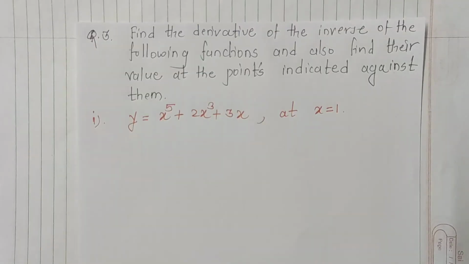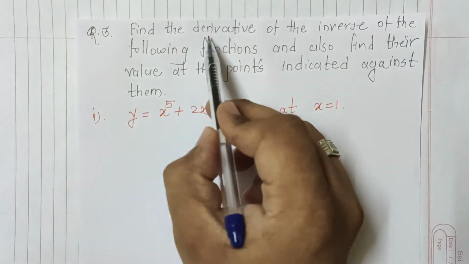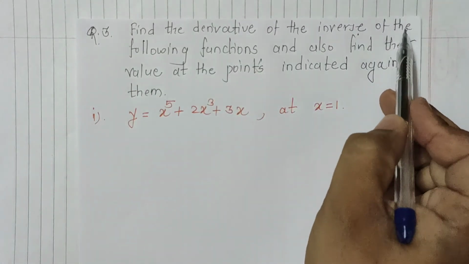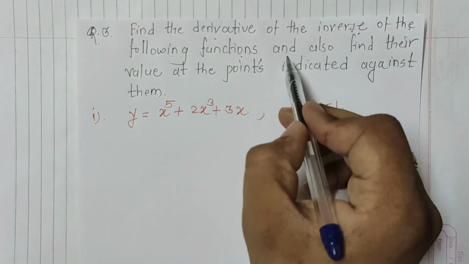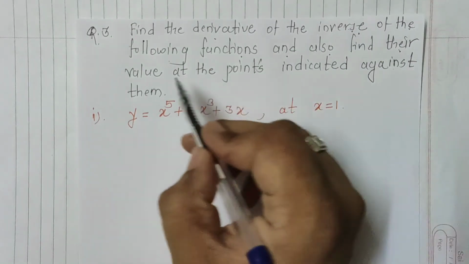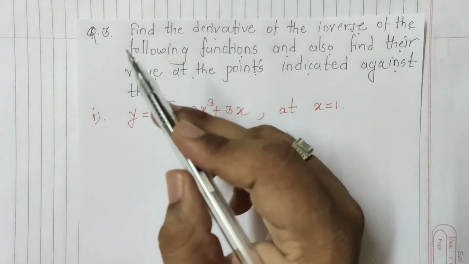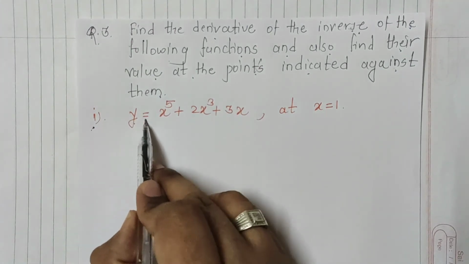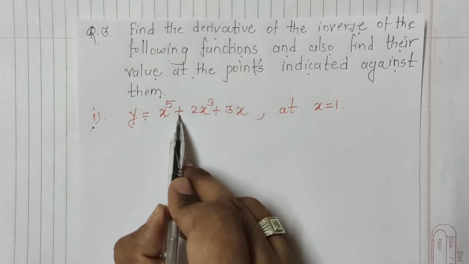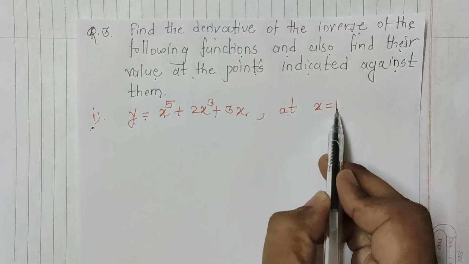Then next, question number 3 depends on derivatives of inverse function. Question number 3: find the derivatives of the inverse of the following function. You have to find the derivative of the inverse function and also find its value at the points indicated against them. First example, y is equal to x raised to 5 plus 2x cube plus 3x at x is equal to 1.